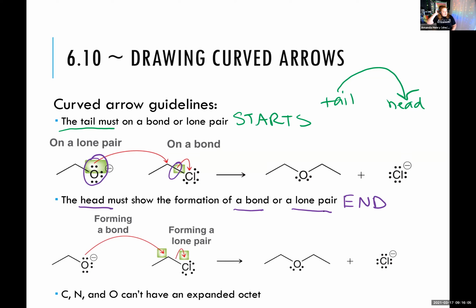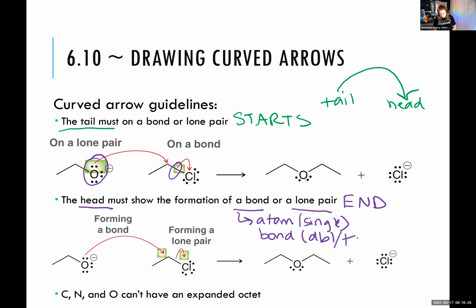To show the formation of a bond, this can actually be a couple things. It can end on an atom. This would be showing a single bond formation. It can also just end at a bond, and this would be showing the formation of a double or a triple bond.